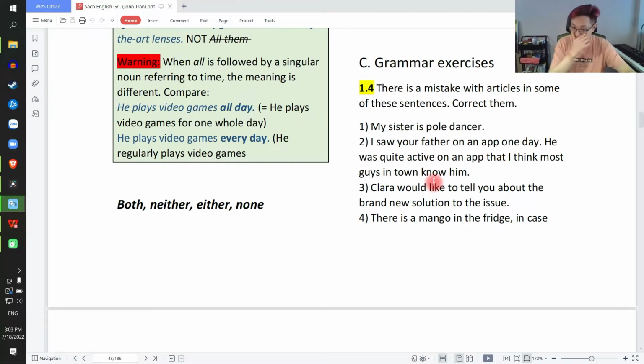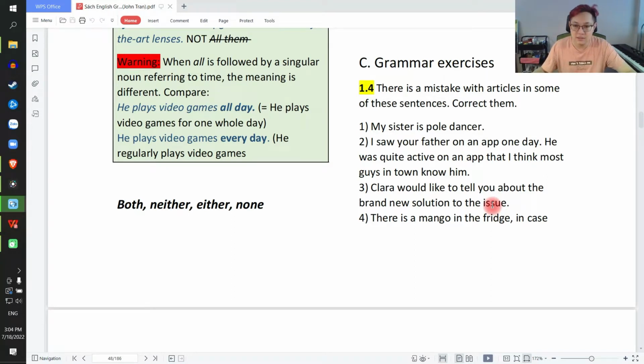Now, number 3. Clara would like to tell you about a brand new solution to the issue, because here you're talking about the new solution for the first time, and maybe the people know about the issue already and in the context.